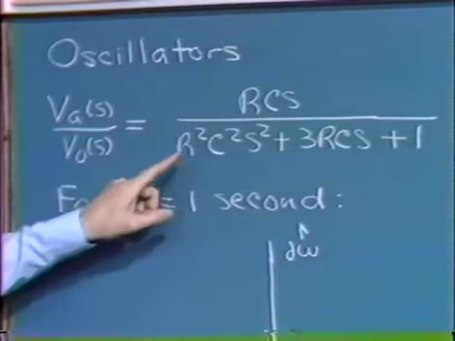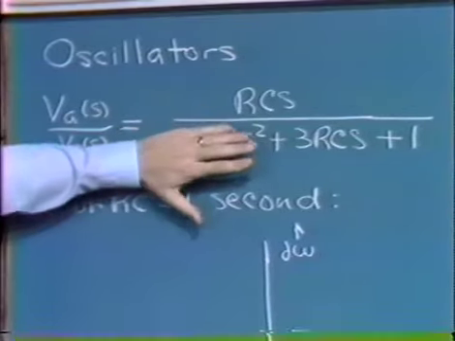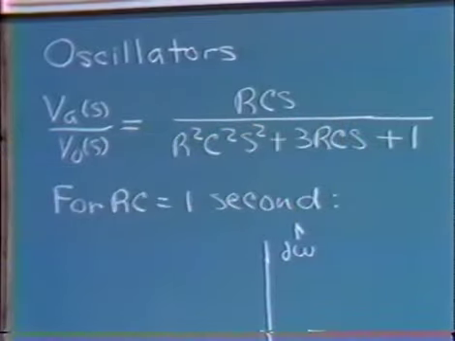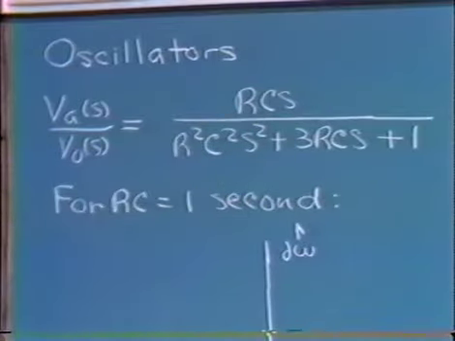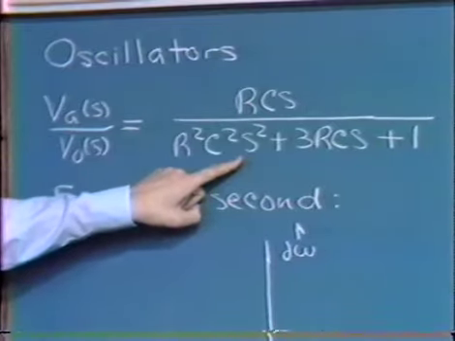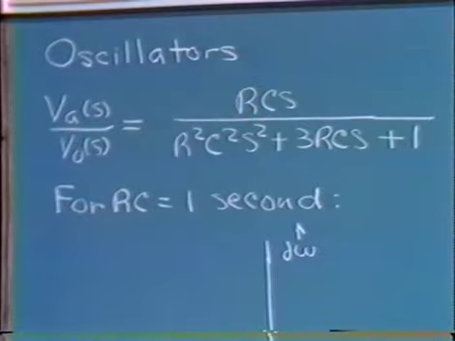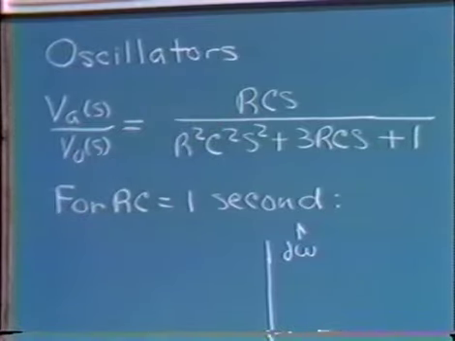If we look at this transfer function, we find out that at low frequencies the phase shift approaches plus 90 degrees. At low frequencies the S terms and the S squared term in the denominator are small compared to 1. The numerator simply gives us plus 90 degrees of phase shift. At sufficiently high frequencies, the S squared term dominates the denominator. We get something falling off as 1 over RCS at sufficiently high frequencies, and so we get minus 90 degrees of phase shift.